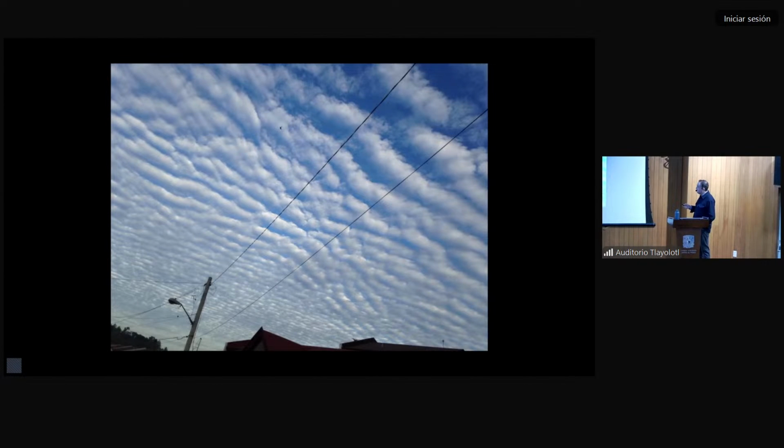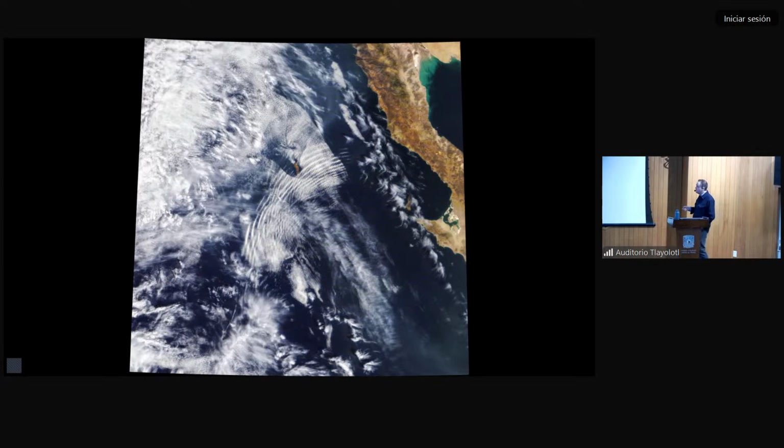And these are more common. You can see this kind of waves if you pay attention to the clouds. Or a beautiful example, not a tropical wave, but one of the most beautiful examples of waves produced by topography, like the one by Guadalupe Island near the coast of Baja California.